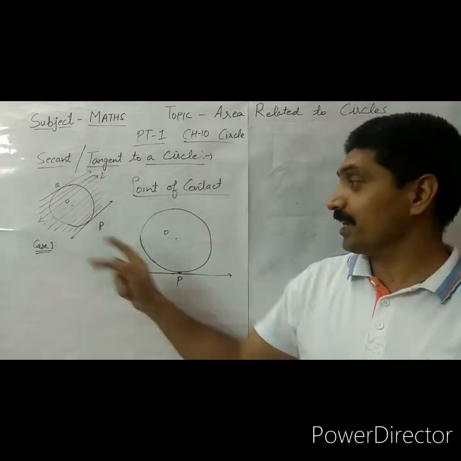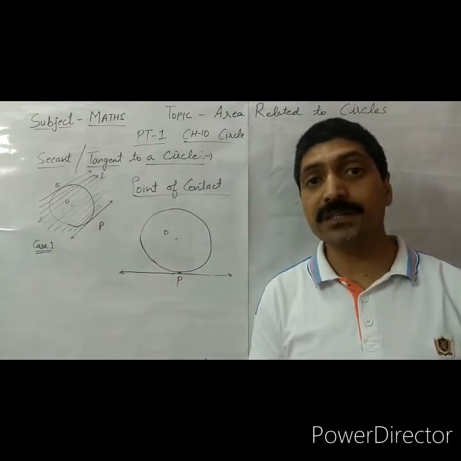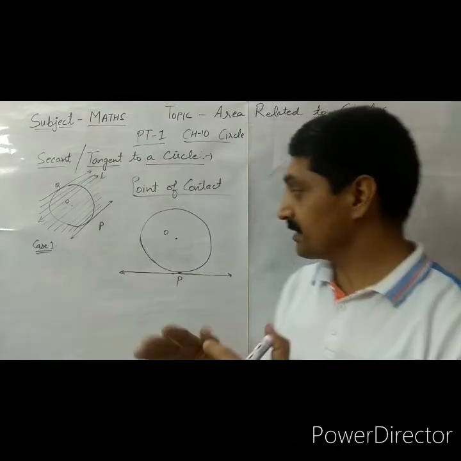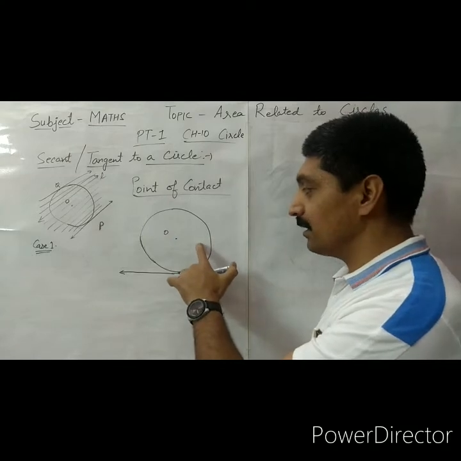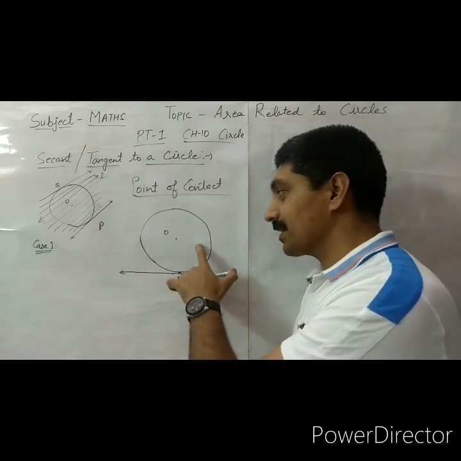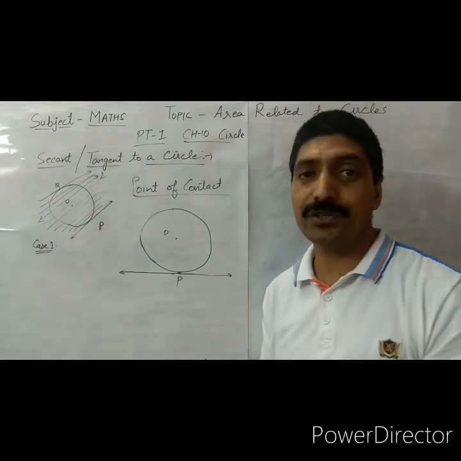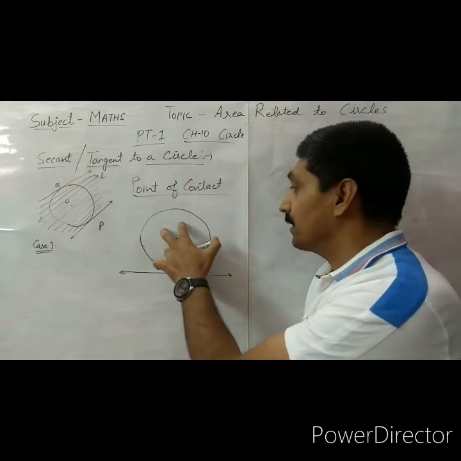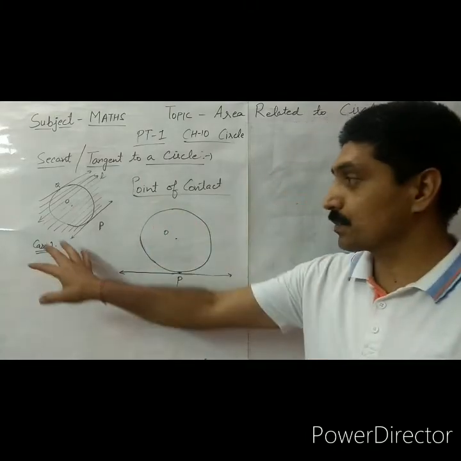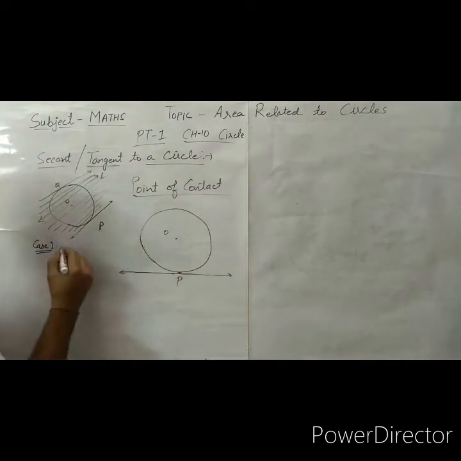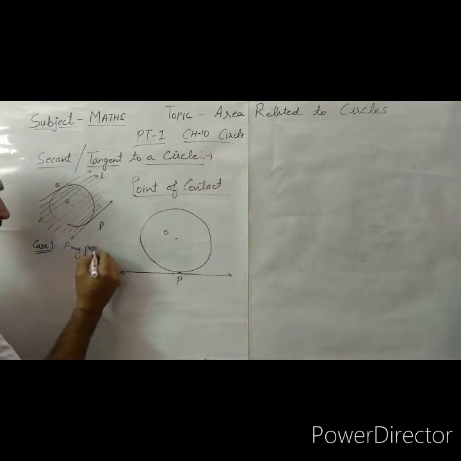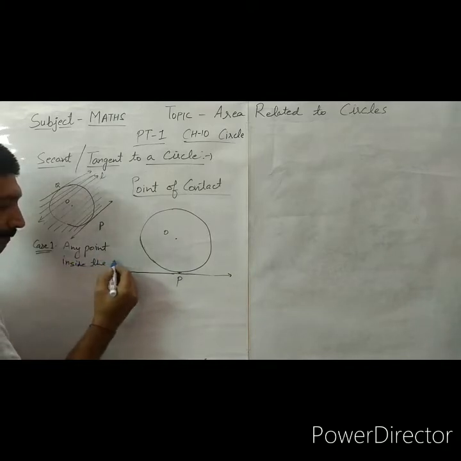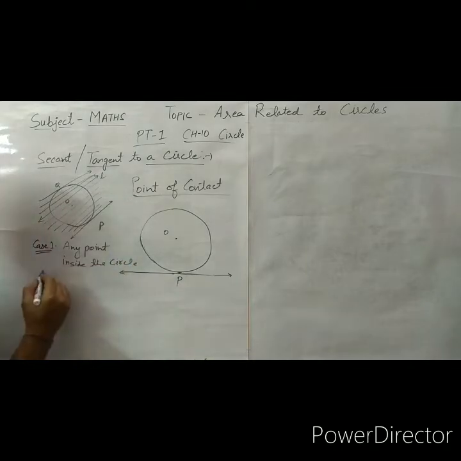In the first case, the answer is no. From any point inside the circle there cannot be any tangent, or no tangent passes through any point which is inside the circle. So first case, any point inside the circle: no tangent.